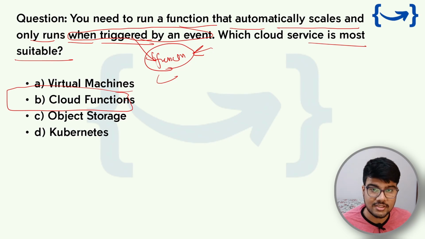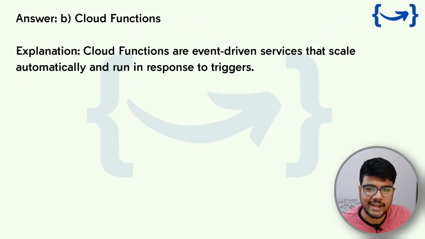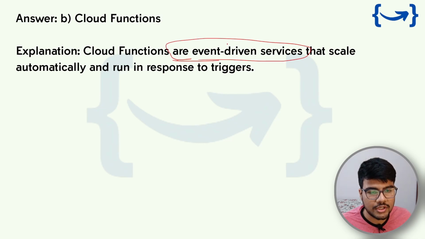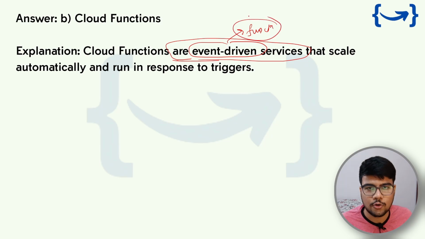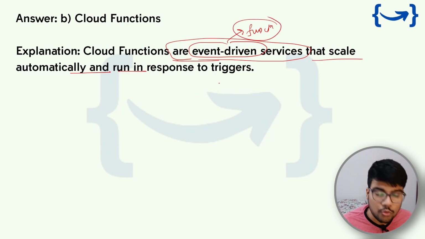As you can see, just reading the question carefully, you end up having your answer. Cloud functions are event-driven services, a function which usually gets called when something is triggered in the code, that scales automatically and runs in response to triggers.